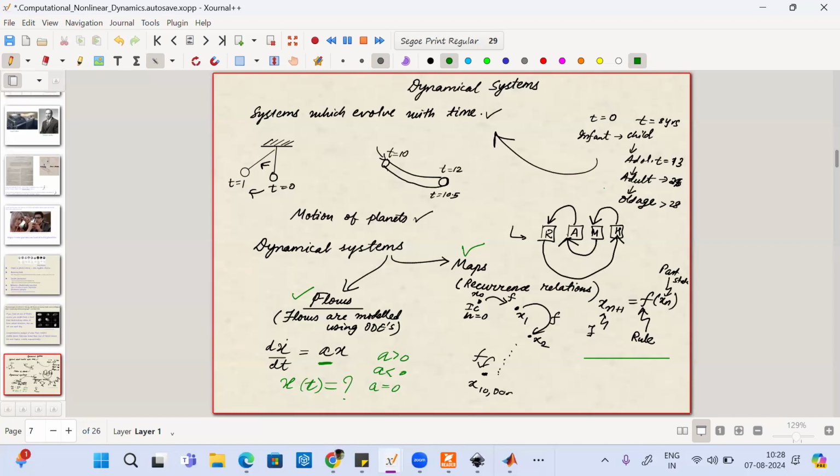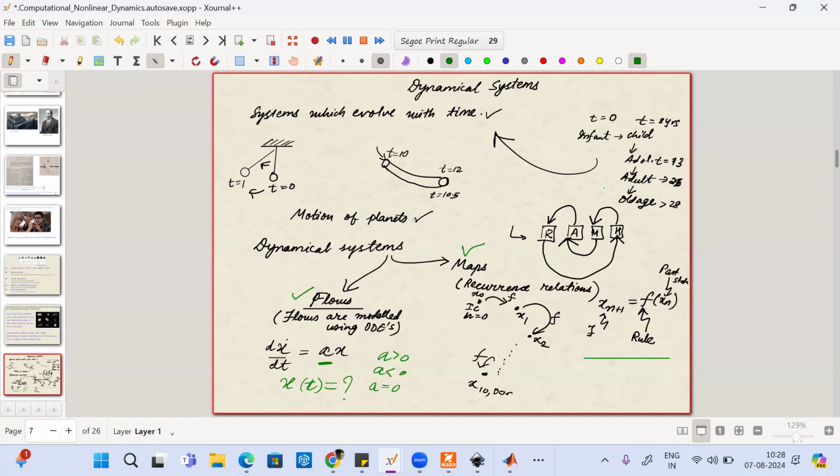Based on this year's value, that is x_n is 90, you predict Akul's value next year, that is x_{n+1}. So the future state is being predicted from the past state. x_{n+1} is the future, you are predicting it from the past x_n based on the rule f. f is your rule.